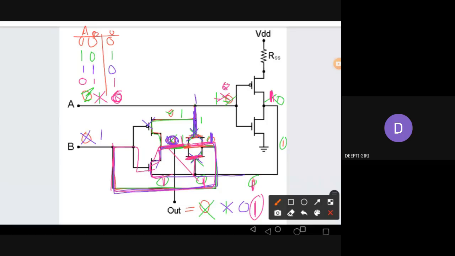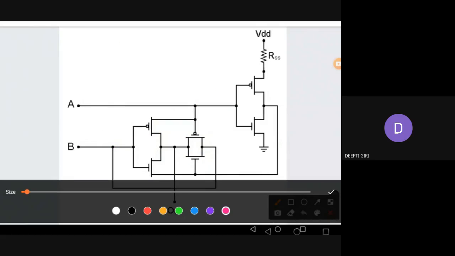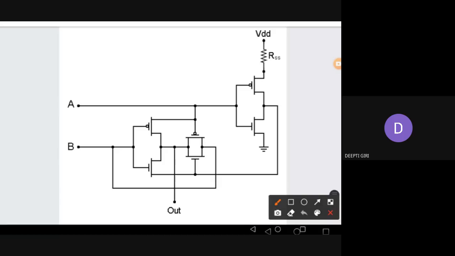Okay, so ultimately, what truth table are we getting? A, B, and out: 0, 0 gives 0; 0, 1 gives 1; 1, 0 gives 1; 1, 1 gives 0.